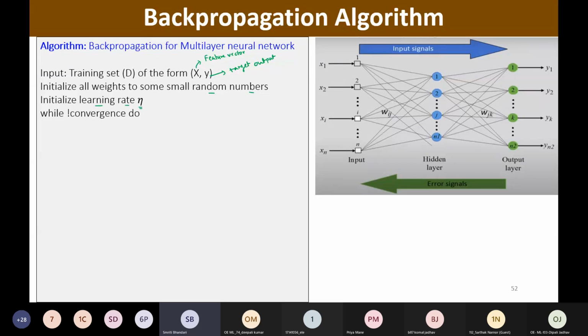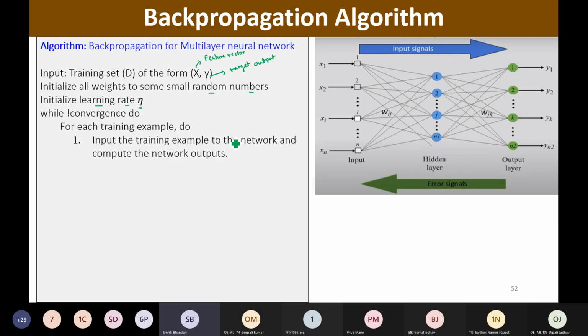Now, this is an iterative process, as I mentioned. While we have not reached the minima, that means while there is no convergence, we are going to iterate. We are going to pick up every sample from our training data set. So for each training example, what are we going to do?